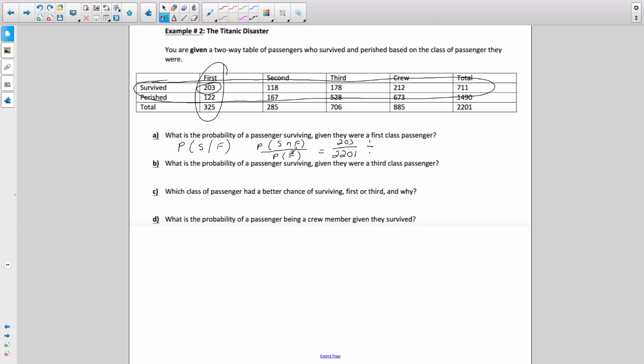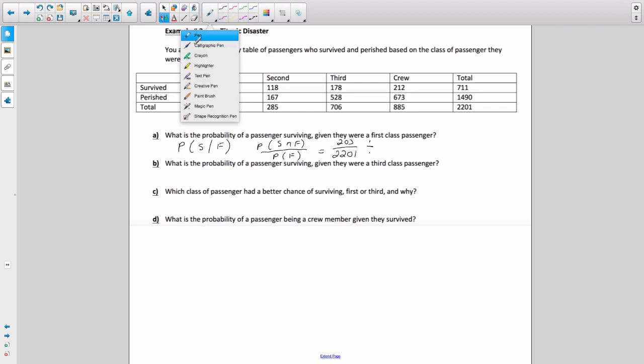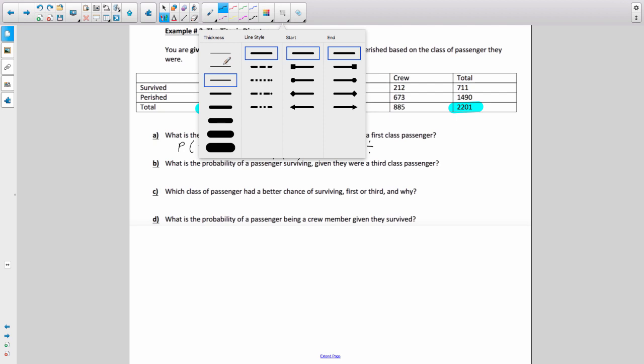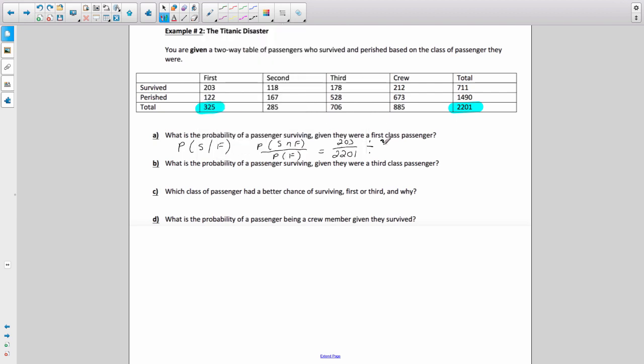So the probability of first class is going to be this total down here. So that one is going to be 325 out of 2,201. So divided by 325 over 2201.